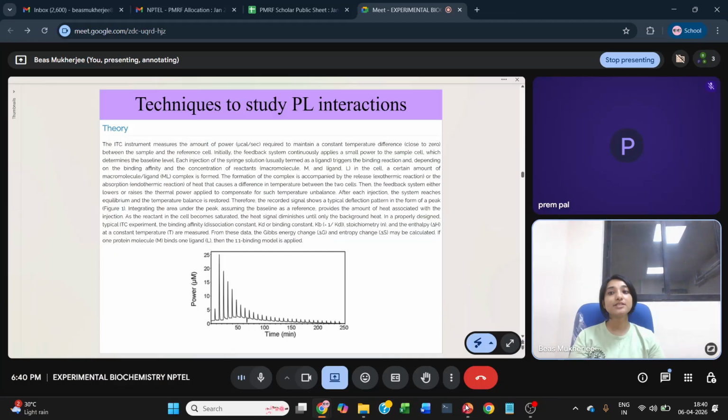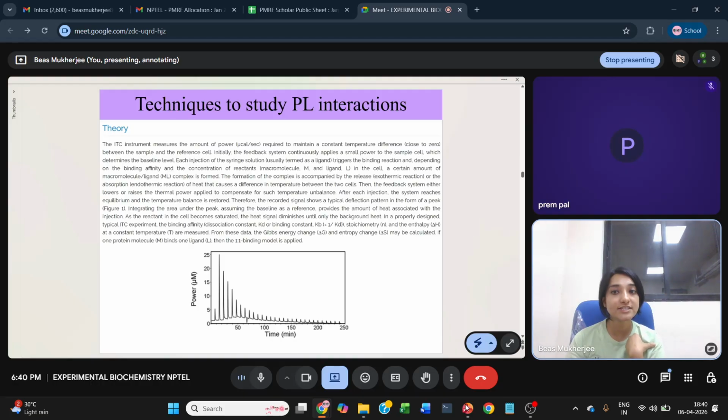Okay. So this ITC instrument measures the amount of power in microcalories per second required to maintain a constant temperature difference close to zero between the sample and the reference cell. Initially, the feedback system continuously applies a small power to the sample cell, which determines the baseline level.